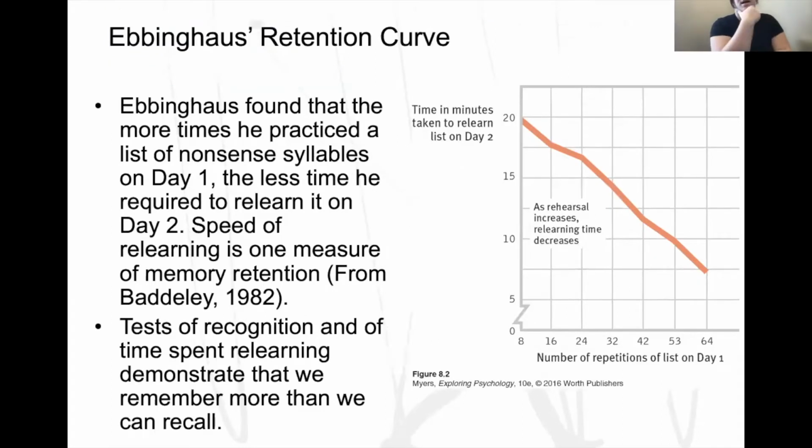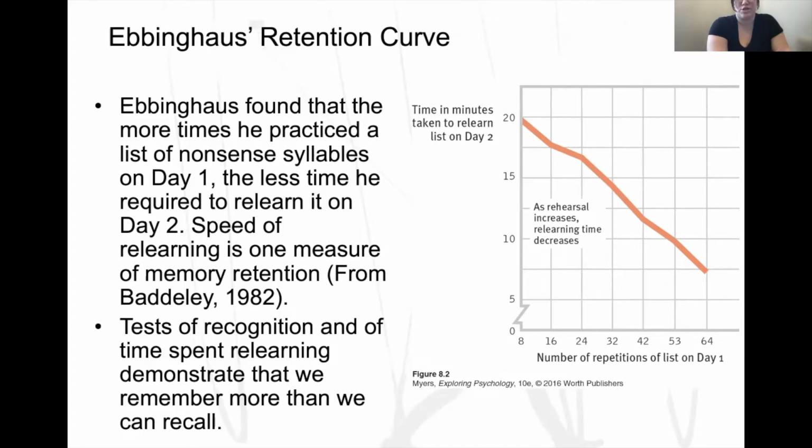An example of this is Ebbinghaus. Ebbinghaus's retention curve. Ebbinghaus found that the more times he practiced a list of nonsense syllables on day 1, the less time it required him to relearn it on day 2. And the speed of relearning is one measure of memory retention.